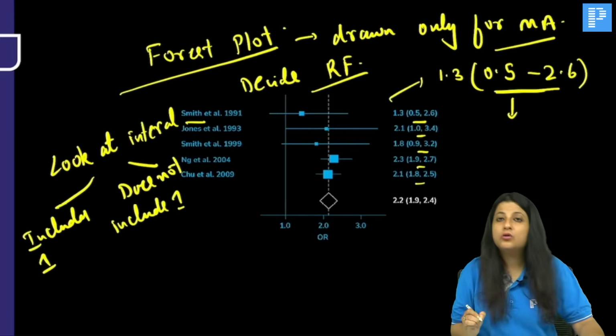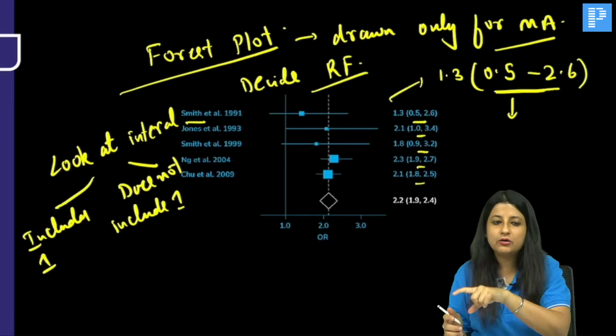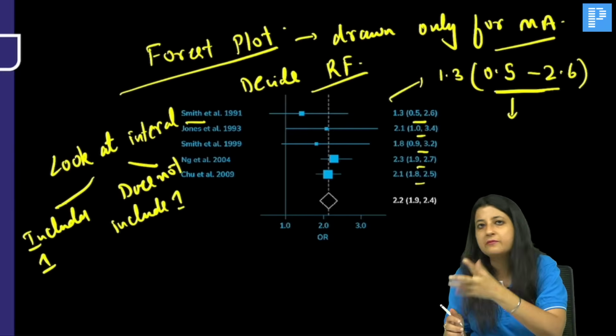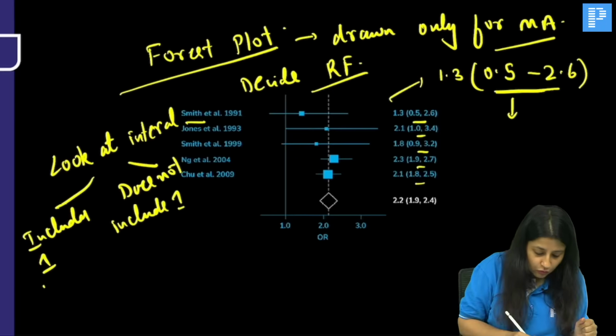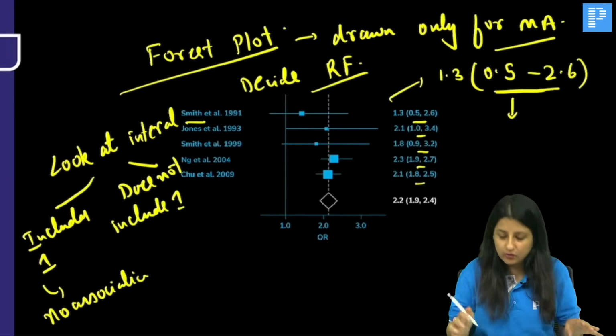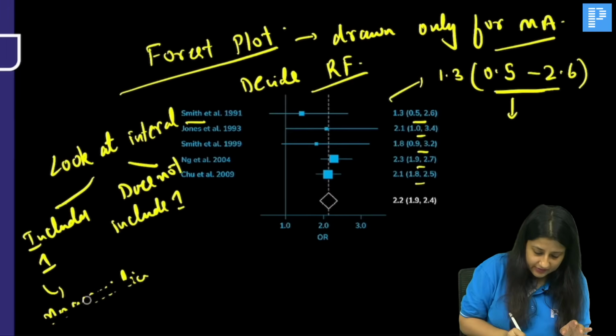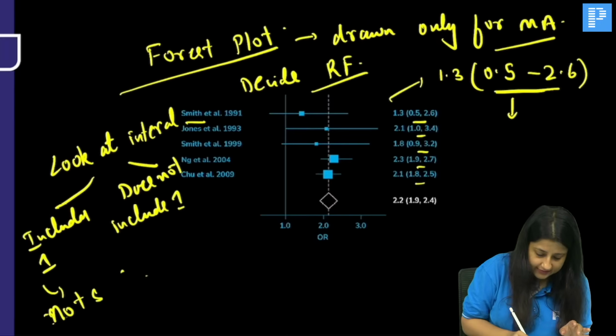Now you remember relative risk and odds ratio: if it is 1, RR equal to 1 and OR equal to 1 means no association, right? So if the interval includes 1, guys, it means no association, or the better term you will write is not significant.